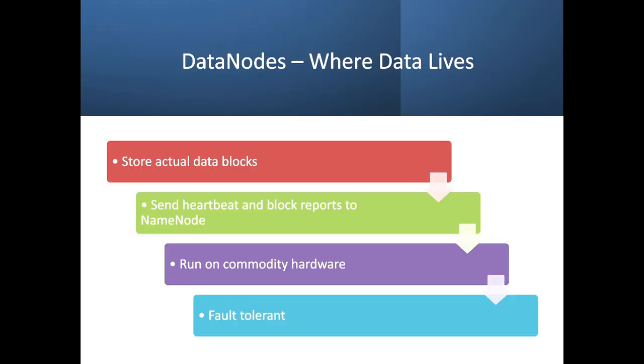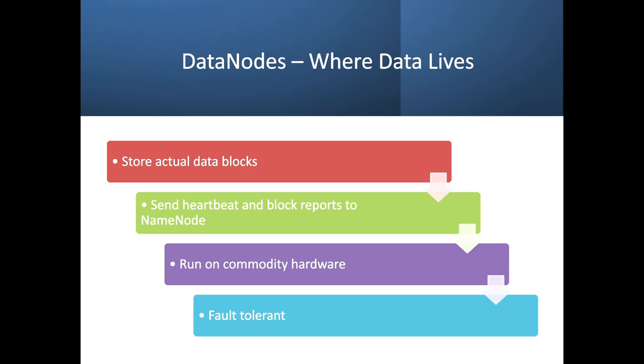The second one, data nodes. So where the data actually is stored in HDFS. Data nodes are the real workers of the system. They actually store the blocks of the data and report back to the name node at regular intervals.